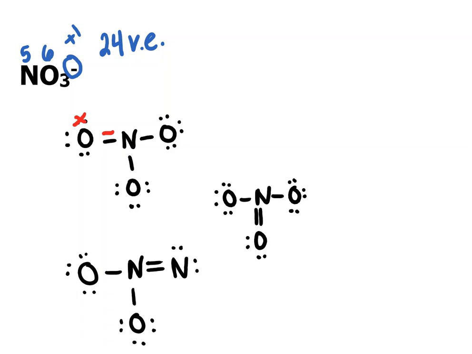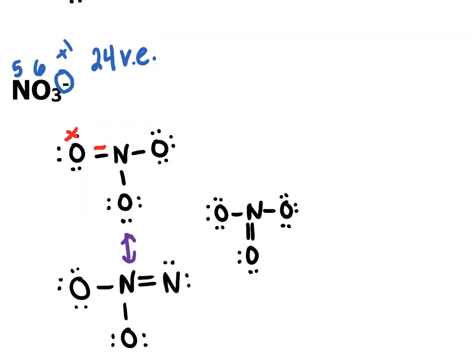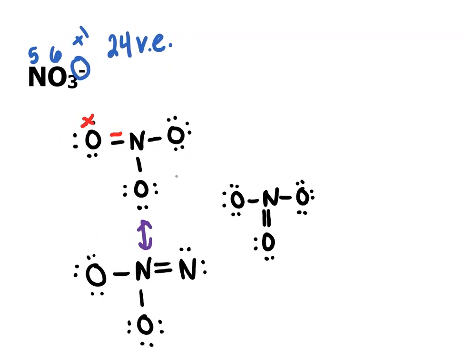I need to put arrows between these to show that they are resonance structures. And I need one more thing on this one. I need to make sure I put brackets. Anytime you have a polyatomic ion, you need to put brackets.